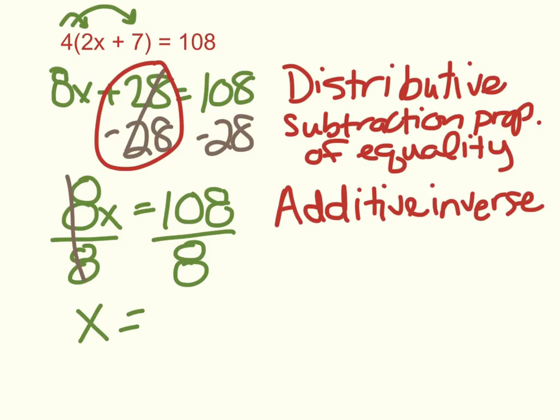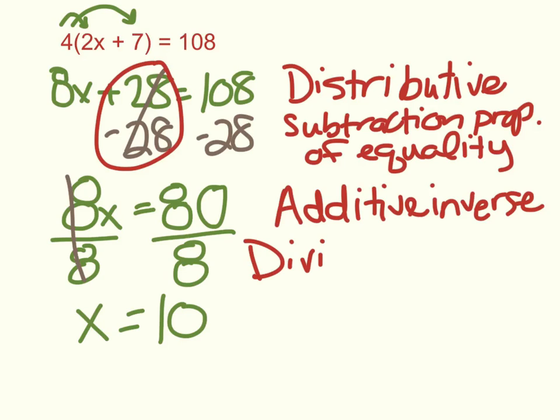Oh, you'll notice, look, I forgot to subtract up there, didn't I? 108 minus 28 is going to give me 80. So x is going to equal 10. Now, this property that I did was the division property of equality, because we divided on both sides by the same thing.